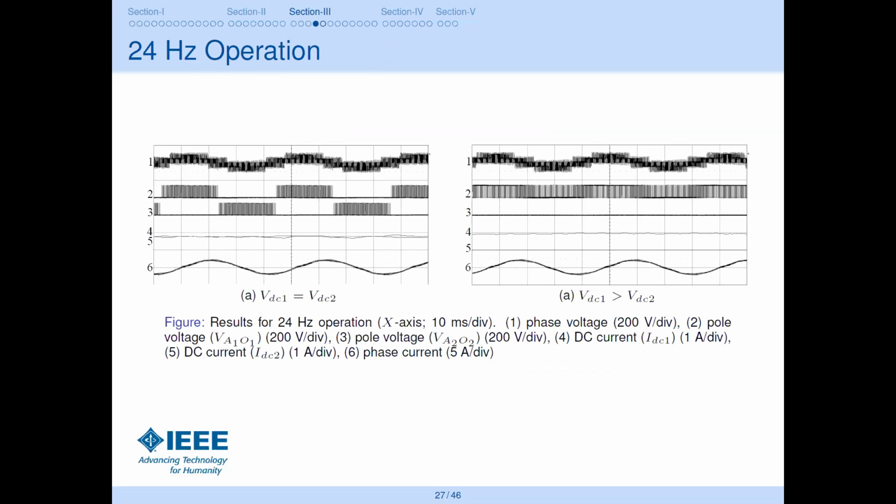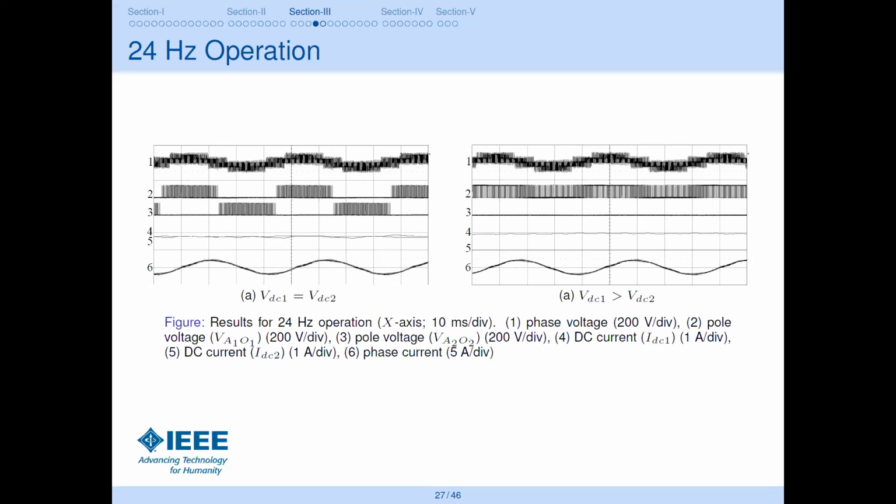So you can see here the scope results when the inverter was driving the motor at lower speed, or we can say at lower modulation index, or, if you take the concept of V over F, the frequency was 24 hertz. Here the motor is 60 hertz, so 30 hertz is considered low, less than 0.5 modulation index. So in the 24 hertz operation, you can see the first trace, this is the phase voltage.